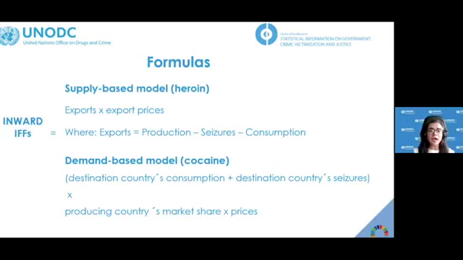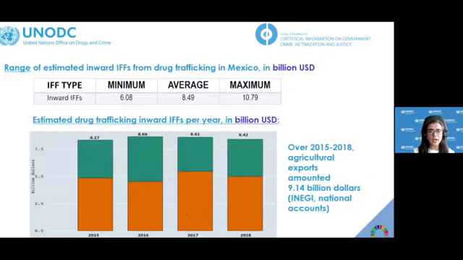And then on top of that, we added a demand-based model for cocaine because Mexico imports cocaine from other countries. And the formula is destination countries consumption plus destination countries seizures multiplied by the producing countries market share multiplied by the prices.